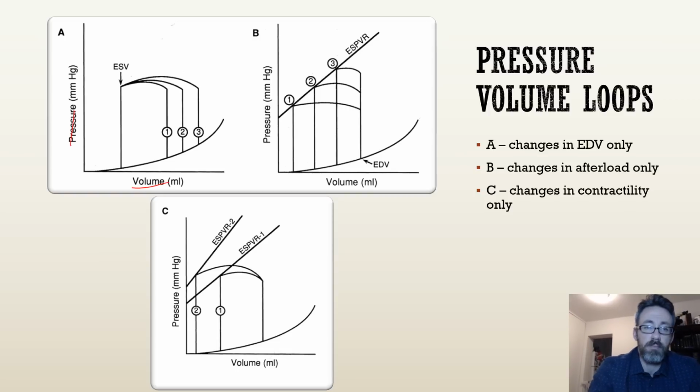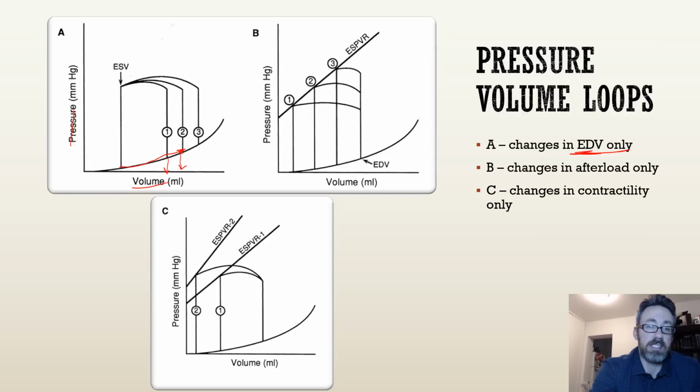In A, all we're doing is changing end diastolic volume only. If 1 is our starting volume loop, 2 just means we've increased the volume. If 1's end diastolic volume is here, for 2 it's about here.